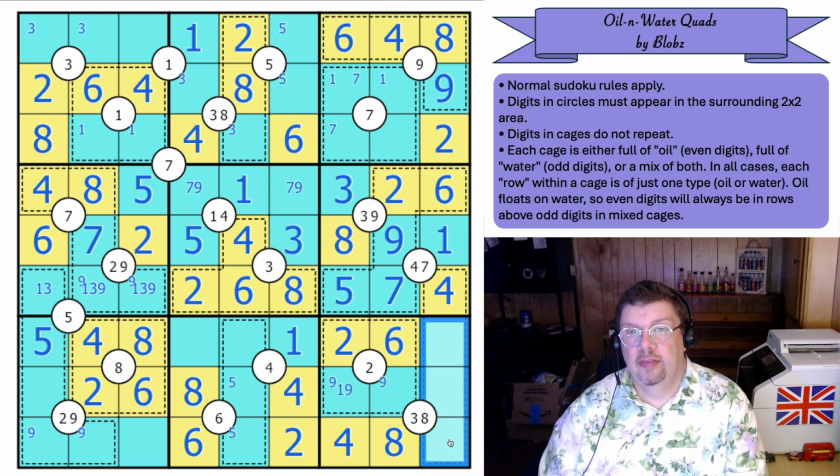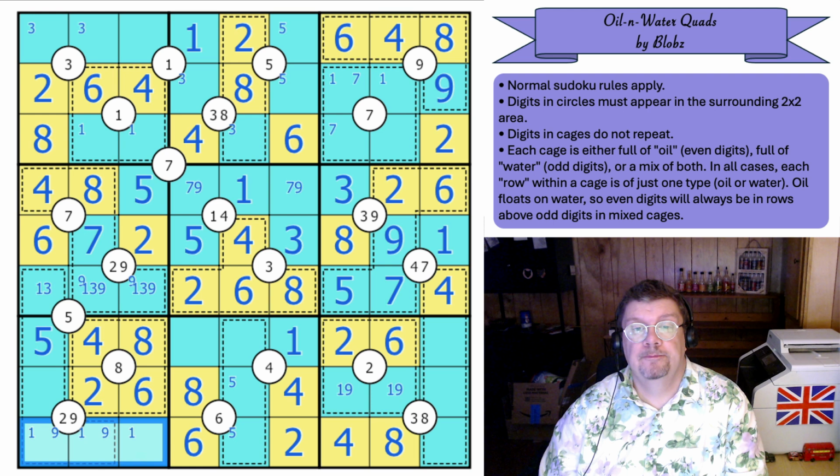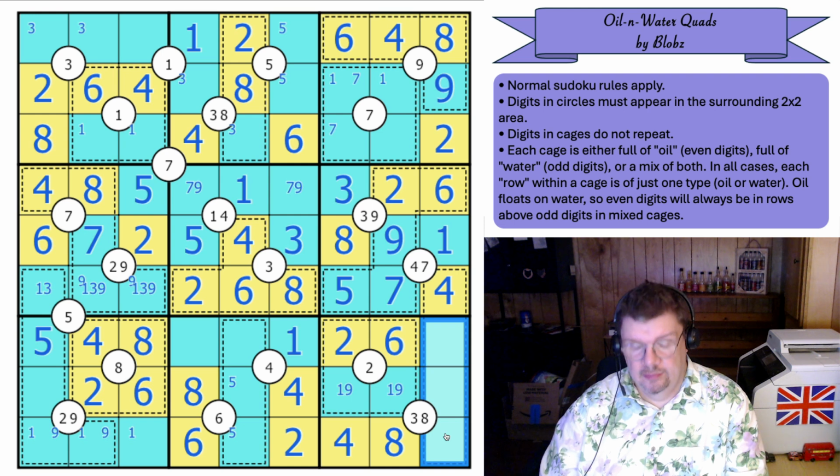1 does not go down there by sudoku, so that's actually a 1-9 pair. That means that that's not a 1, so 1 is in one of those 3. These must be 3, 5, and 7.